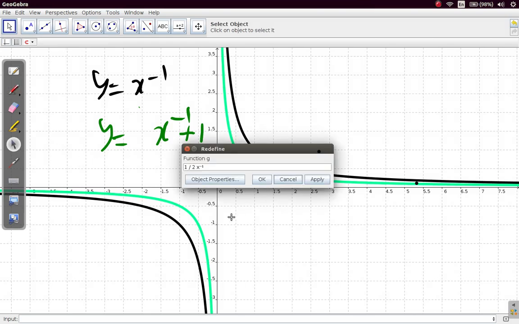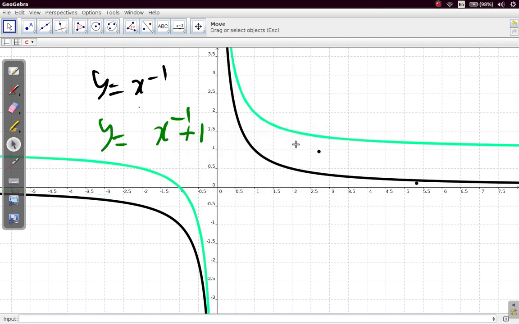So let's change our green graph to that. We have x to the negative 1 and plus 1. As you see, all points move upwards by 1 unit. Let's put it back.